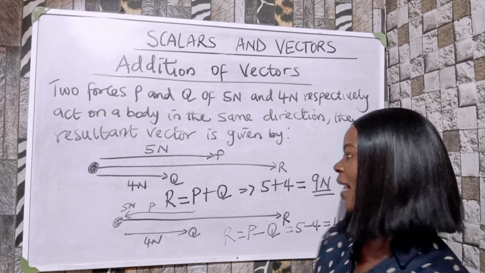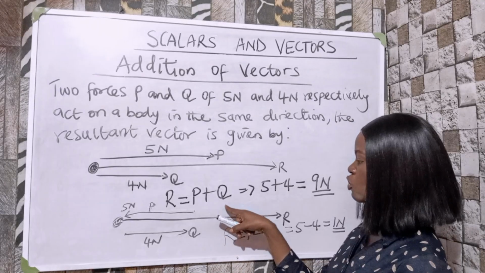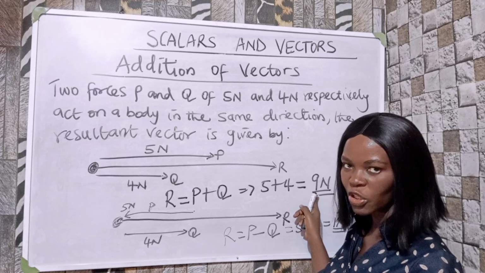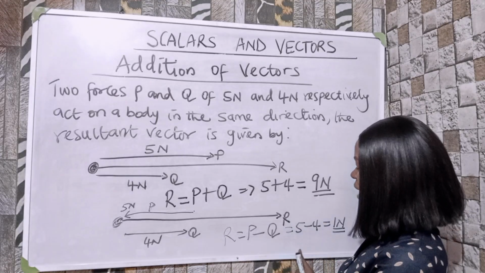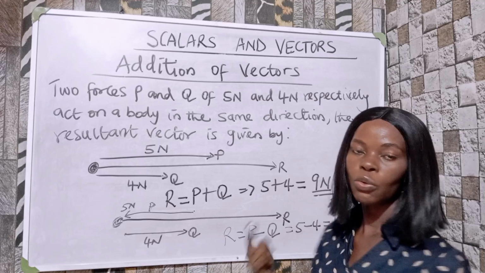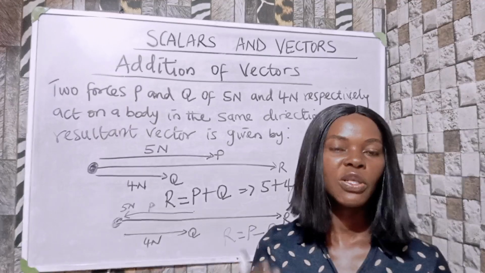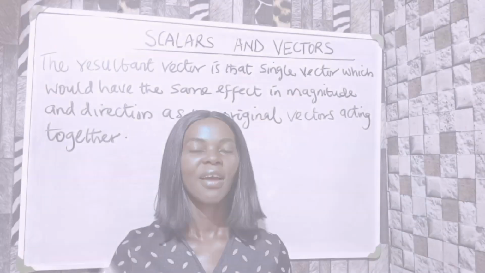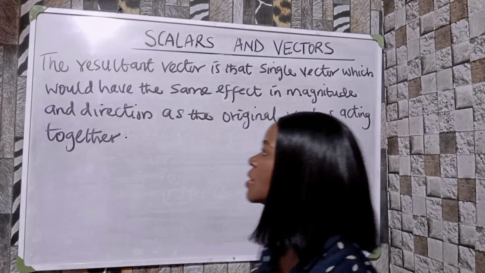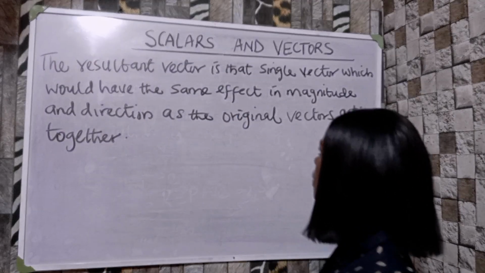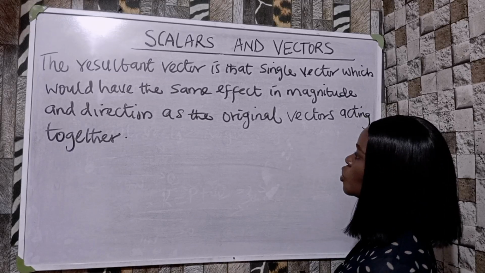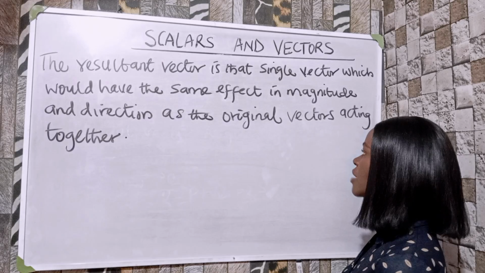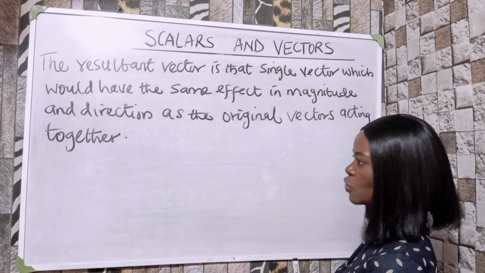Now, we added these two vectors together to get a single vector, which is what we call the resultant vector. Also, we subtracted to get a single vector, which is what we call the resultant vector. The resultant vector is that single vector which will have the same effect in magnitude and direction as the original vectors acting together.